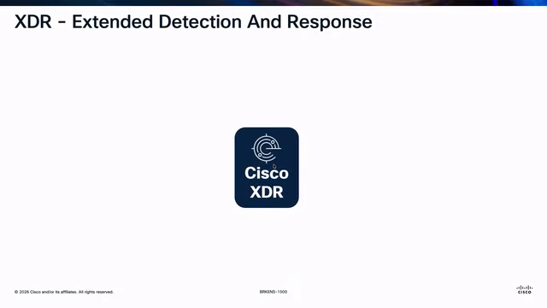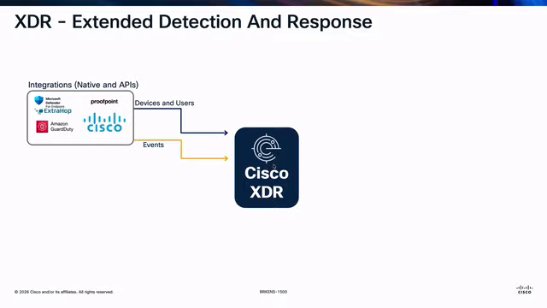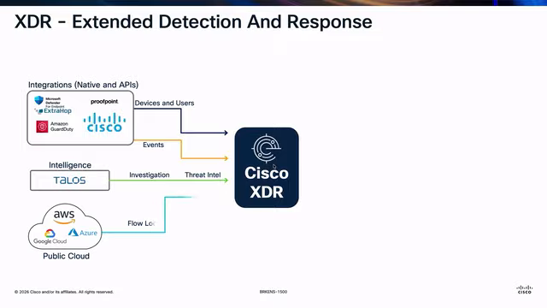So if we take it even one step back, on a global level, you are likely using multiple vendors which are helping you with the visibility tools or collecting the data from different parts of your network. And you can leverage the Cisco extended detection and response solution that will crunch it all together and give you the actual visibility on the security, but also the state of your network from a security perspective.